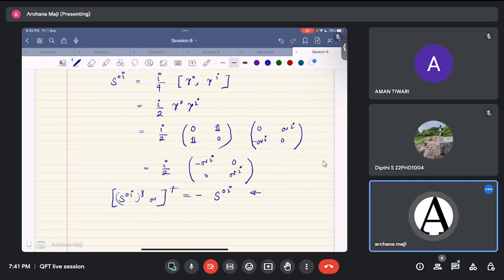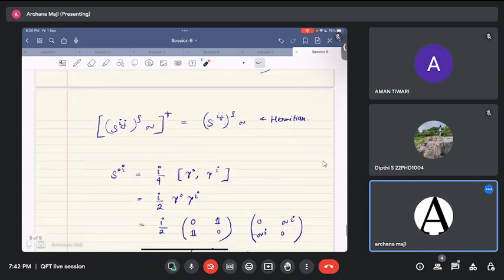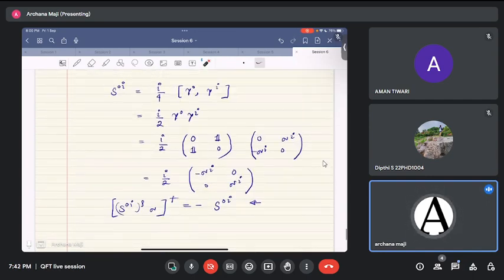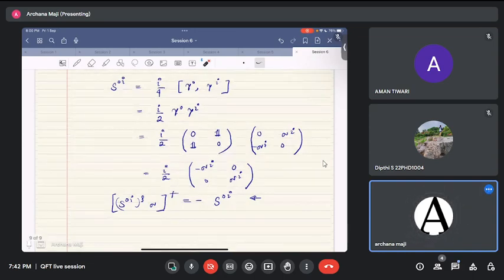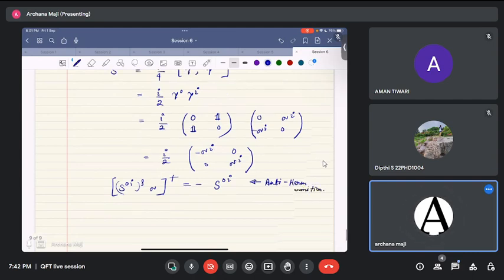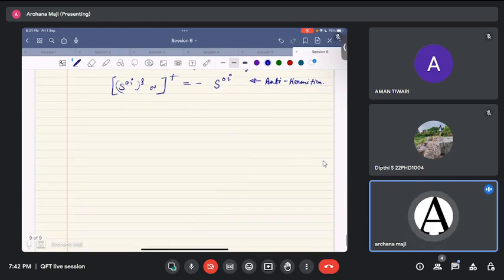Sorry, I was trying to say that the generators which correspond to boost for the Spinor representation of Lorentz transformation, those are anti-Hermitian.